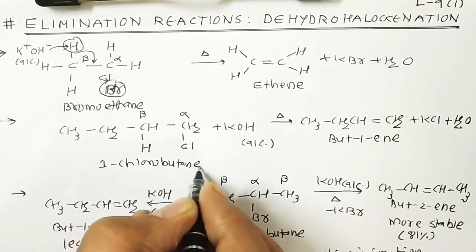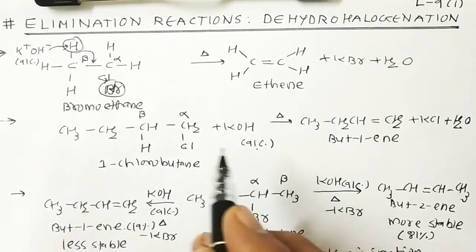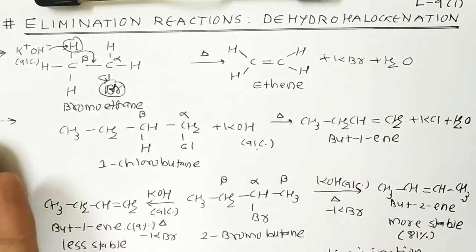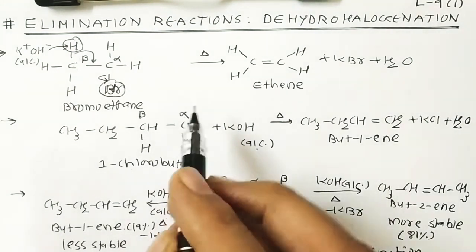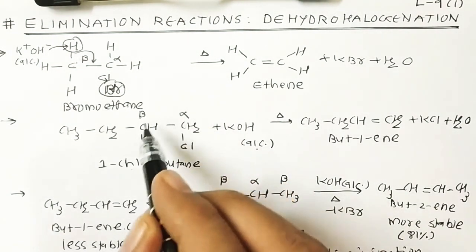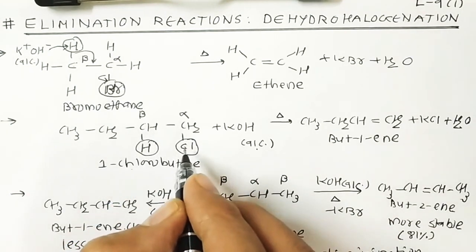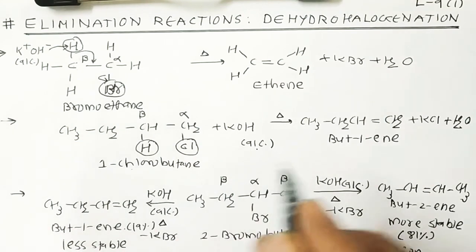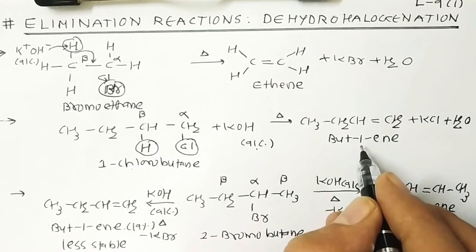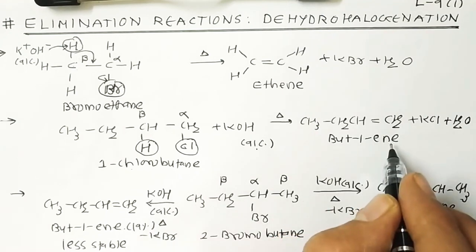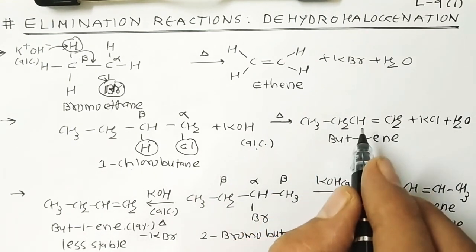When this 1-chlorobutane reacts with alcoholic KOH, the reaction can occur only in one direction, giving one terminal alkene. There is removal of chlorine from alpha and removal of hydrogen from beta, so it's a removal of hydrogen halide. There is an unsaturation between alpha and beta, so it's converted into but-1-ene, a terminal alkene. According to geometrical isomerism, this but-1-ene does not have any geometrical isomers, so only one product can be formed.